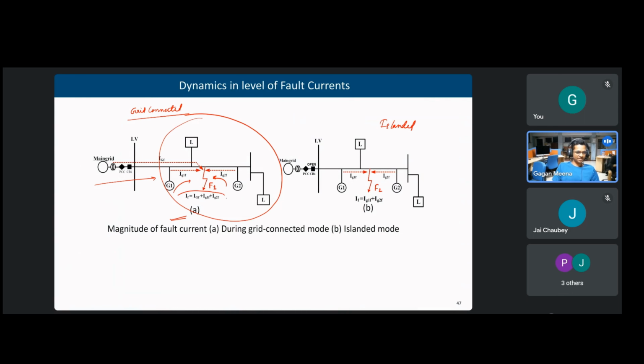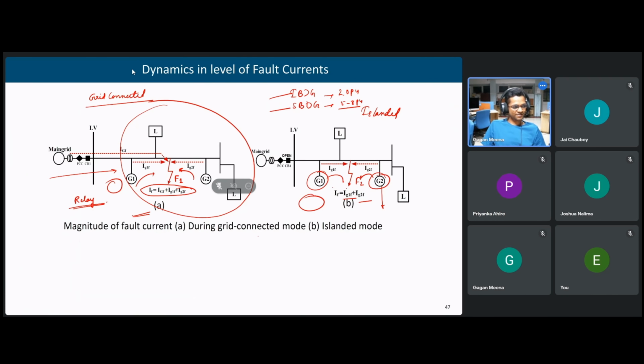So this current will depend upon how many generators are there, and also what type of DER is connected, whether it is inverter based or synchronous based DG. So depending upon these, settings have to be changed. So we have to do something adaptively.